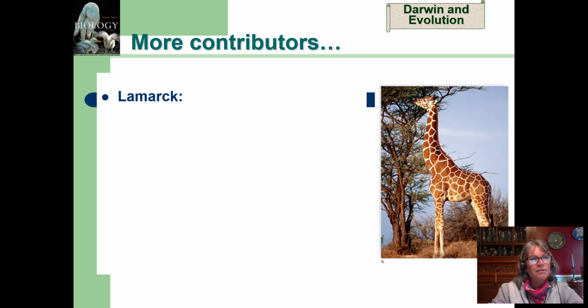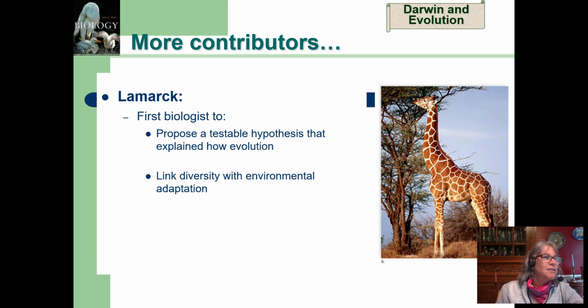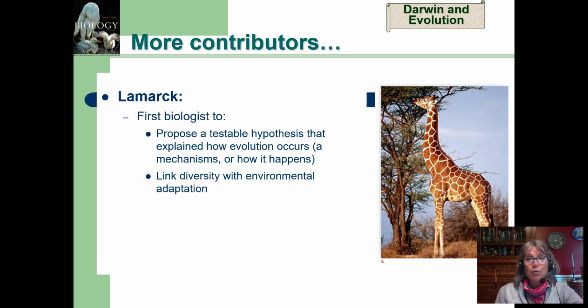Some other contributors: Lamarck. Lamarck was the first biologist to actually propose a testable hypothesis with a mechanism explaining how evolution might happen. He did link diversity, all the different types of organisms, with adaptation to the environment.